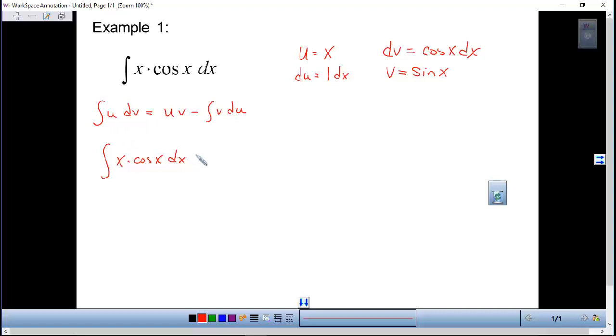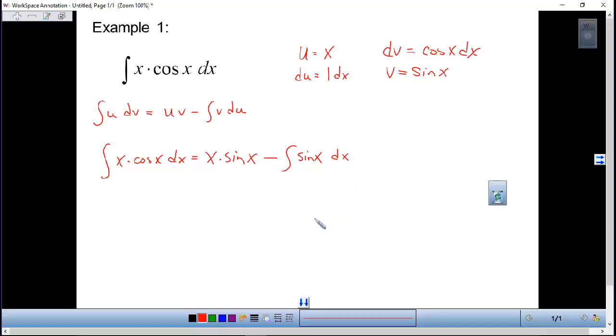That's my integral of u dv, is equal to u times v, so x times sine x, minus the integral of v times du. Well, v is sine x, and du is just 1 dx, or dx.